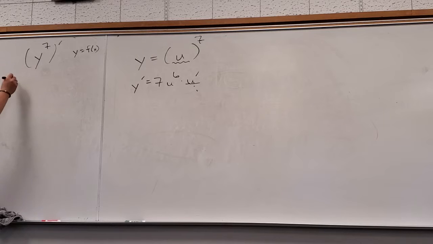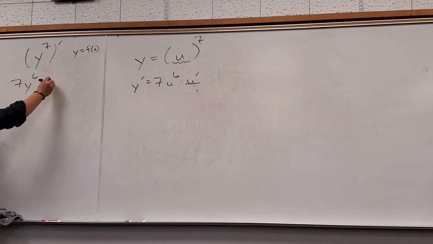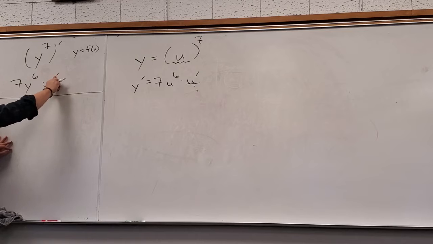So how would I do this? 7 would come down, stuff to the 6th times y prime. I like it. So let me be even more careful here. Right? dy dx.